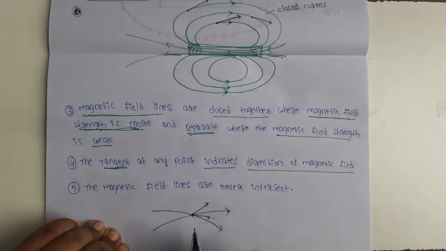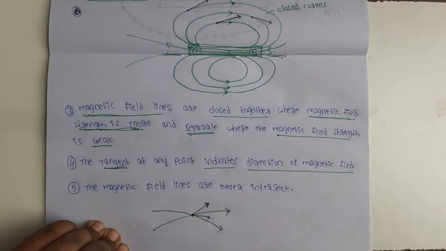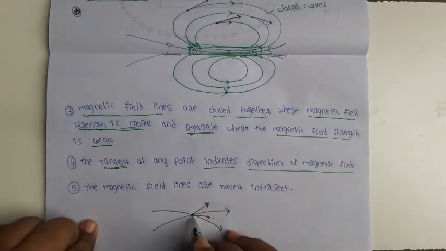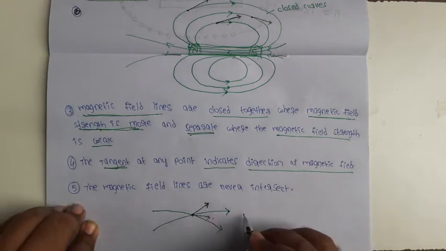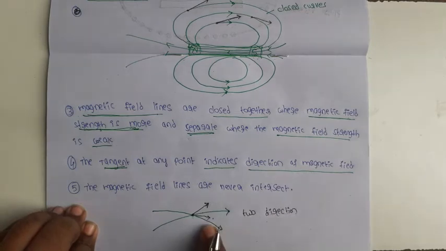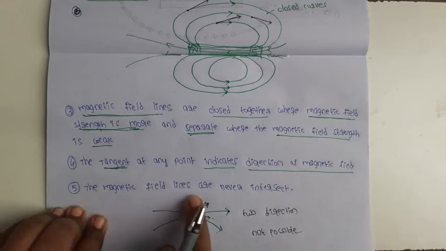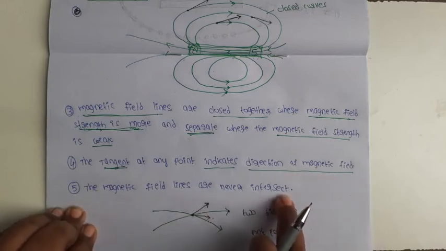So at this point, two tangent lines are shown. Two tangent lines mean the magnetic field has two directions at this point. Is that possible? Not possible. That's why magnetic field lines never intersect.